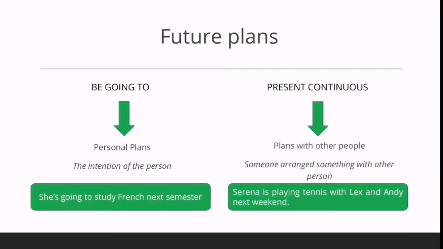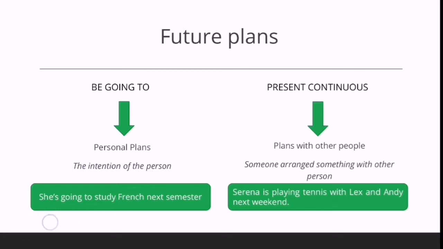Finally, this is like a tip that you can have in order to know the difference when to use the be going to and when to use the present continuous. When it's a personal plan, we can use the be going to. So when you are the only one in the future plan, the intention is from you, or from that only person that you are talking about.